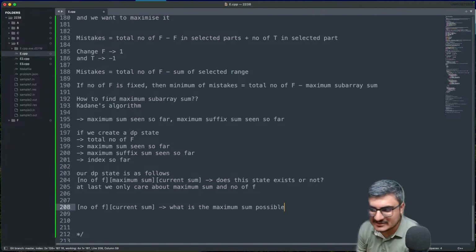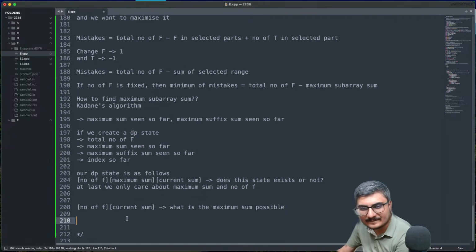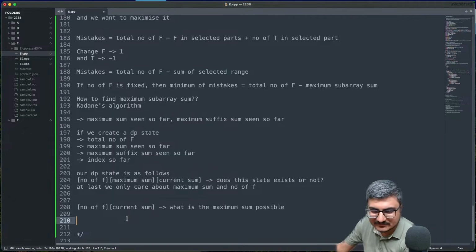And this will actually change it into an n cube solution. Instead of keeping three states and whether that exists as true and false, you remove one DP state out and put it as a value and you try to maximize there. And this is what the editorial changes.